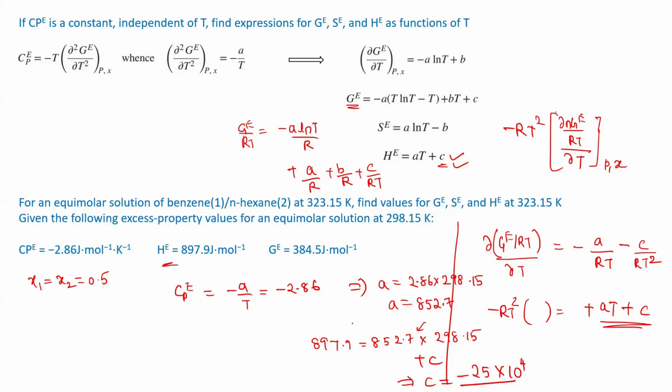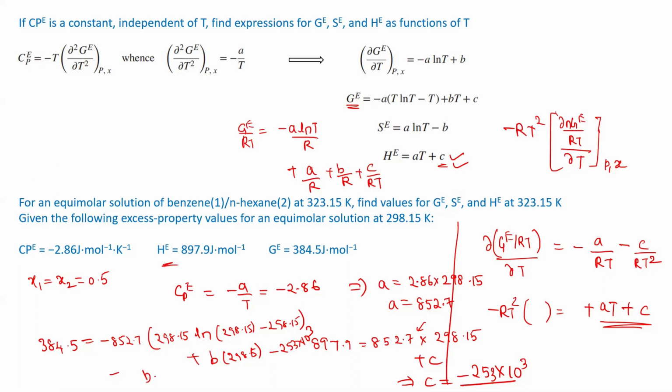Okay. And similarly now you have G. The G value is 384.5 equals minus 852.7 into 298.15 and ln 298.15 minus 298.15 plus B into 298.15 minus 253 into 10 power 3.